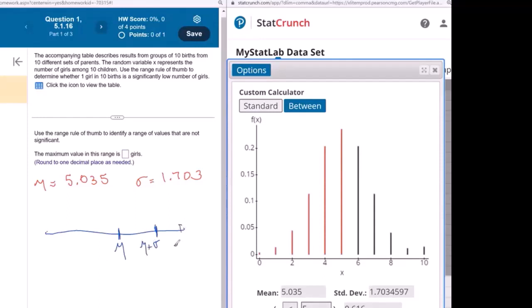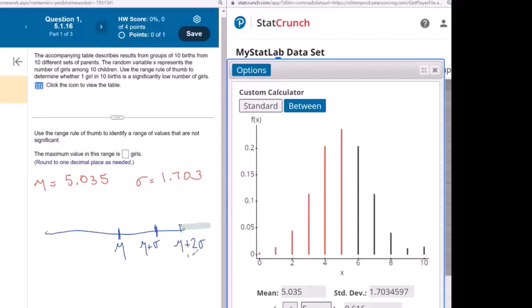And let's say this is mu plus 2 standard deviations. Use the range rule of thumb to identify a range of values that are not significant. We want to find the largest value before I go into my significantly high values. And my significantly high values are going to occur from here on.